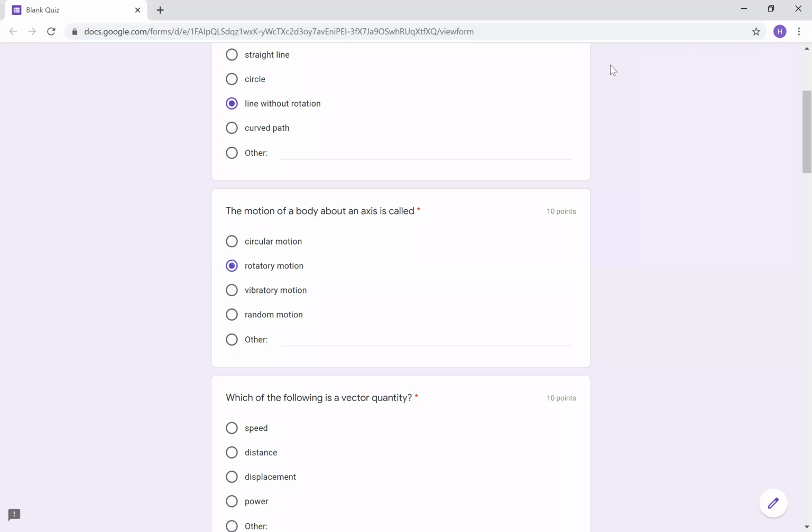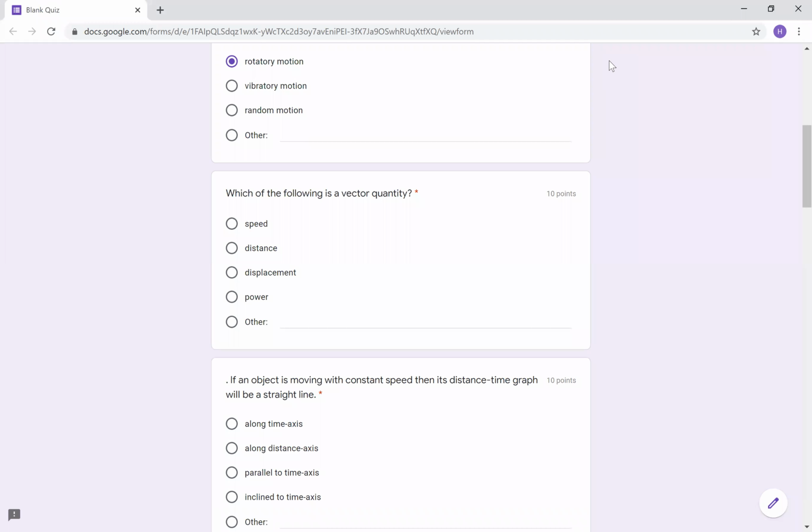Now moving on towards the next question, in which he says, which of the following is a vector quantity? Now, as we have learned the definition, a vector quantity is that quantity which basically has a direction as well as magnitude. Now, speed basically is a scalar quantity because it doesn't have any direction.